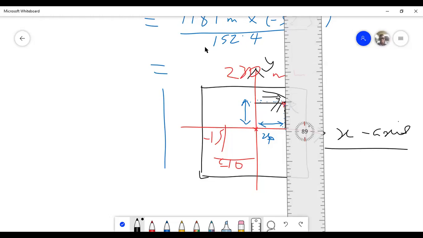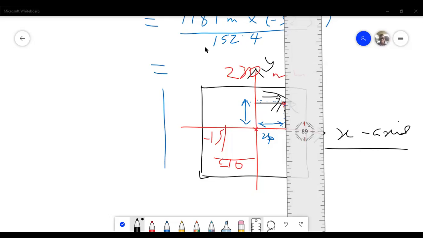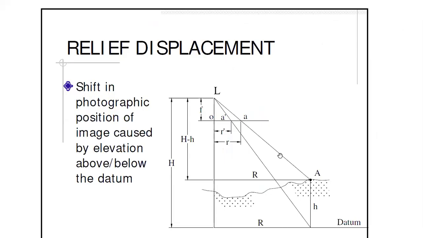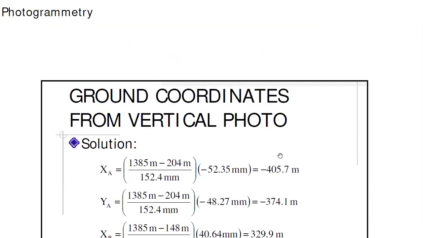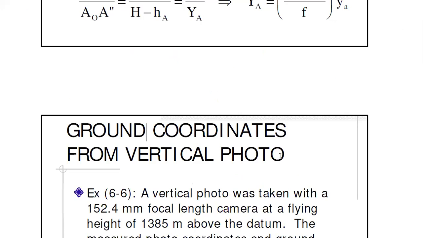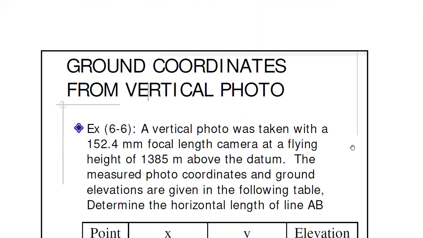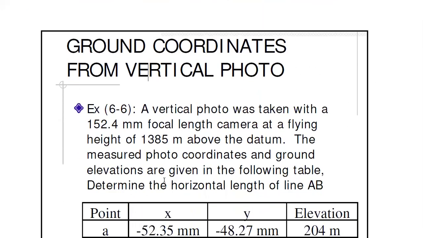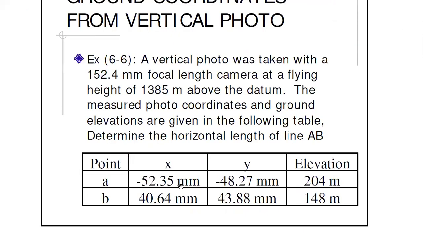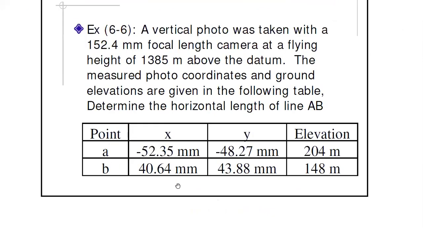So that's how you get your photo coordinates. Any more questions on how you get your photo coordinates? If it's not provided to you in a question, like the way we did in this question, the coordinates were given. So here, you just take the point A, x, and then you have to determine it yourself.